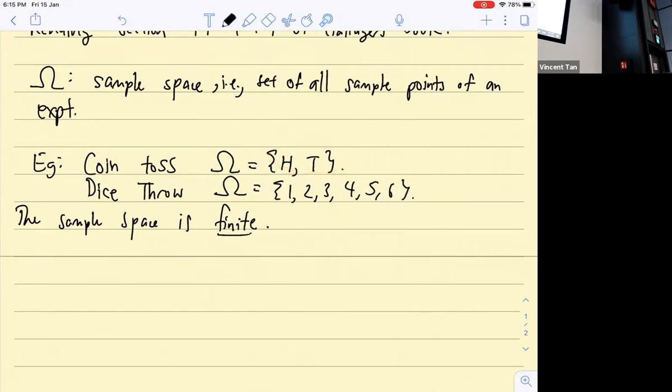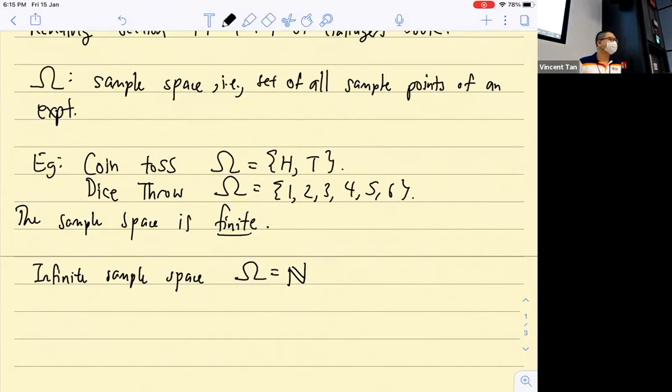Now, you can imagine many other scenarios where we have infinite sample spaces. For example, omega can be the set of natural numbers. Suppose we go into a casino and we play the slot machine, and every time it gives us $1 or $0, and we play for an infinite amount of time.